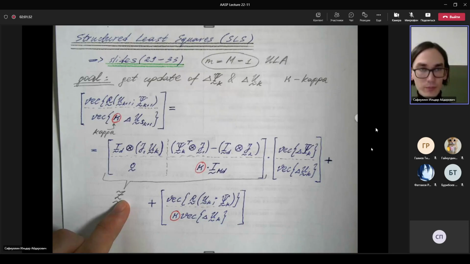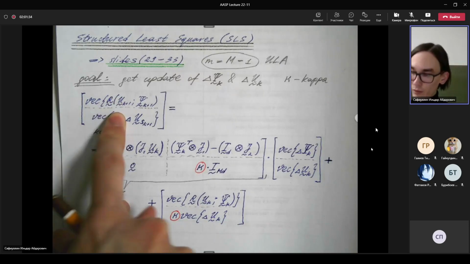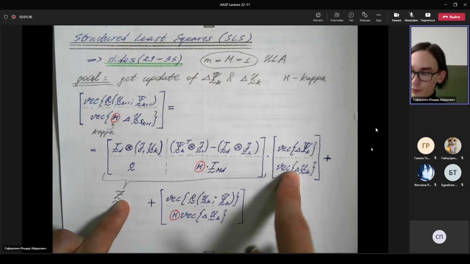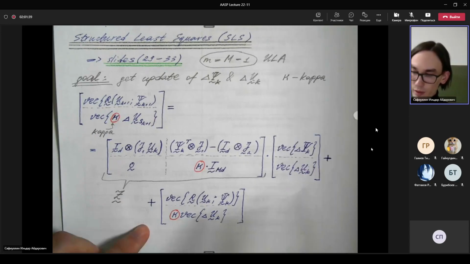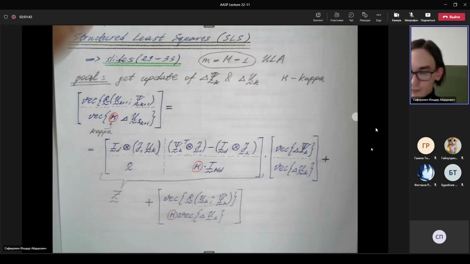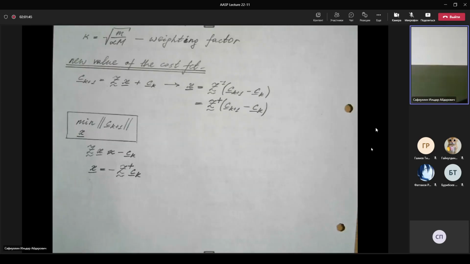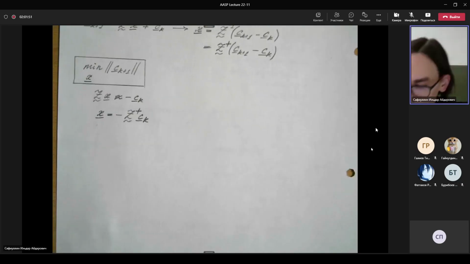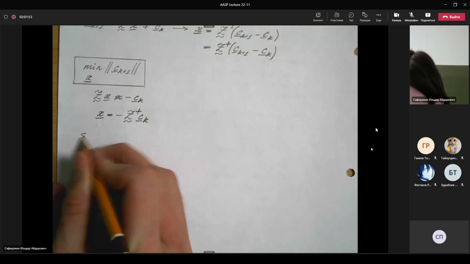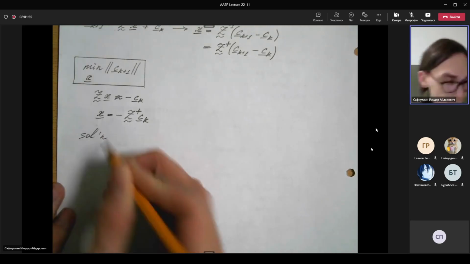This is our matrix z, and this one is our cost function for the previous step. In this case, using this equation, what we'll have here. So let's write solution for all these things.